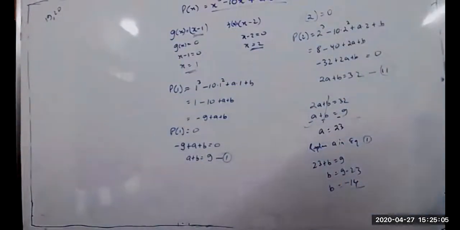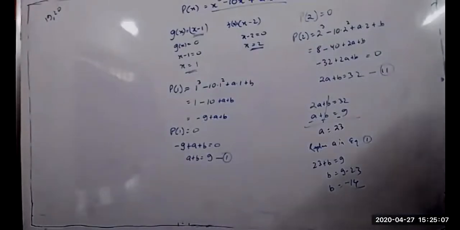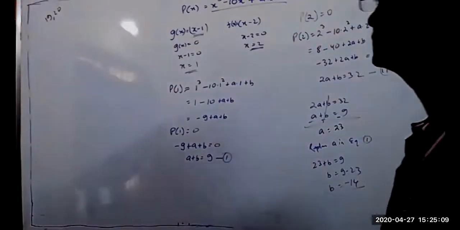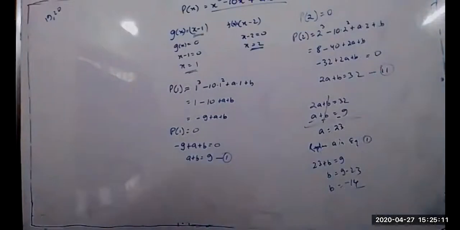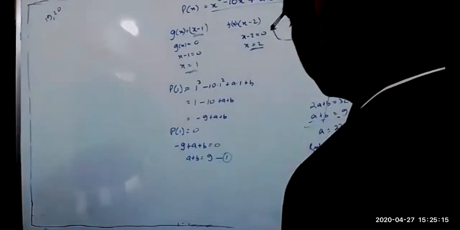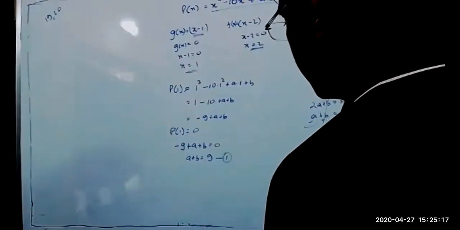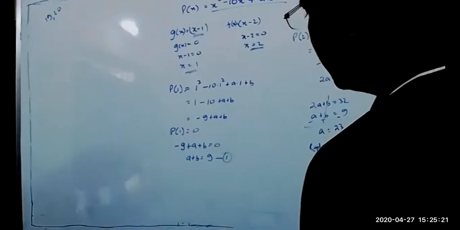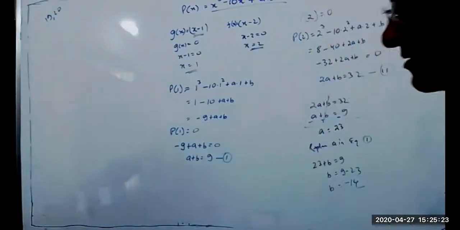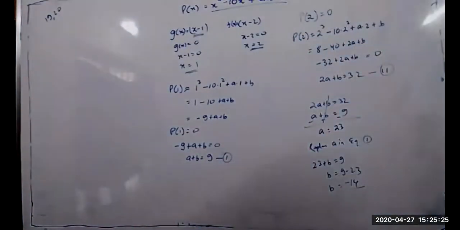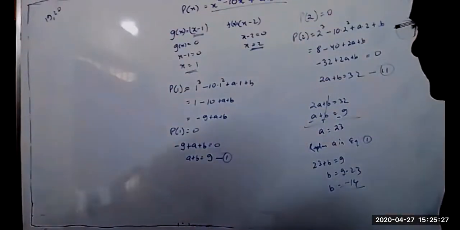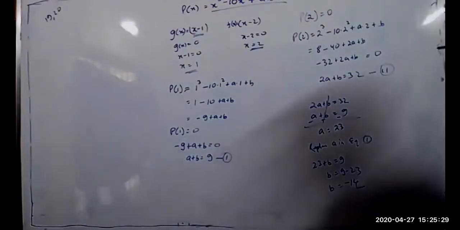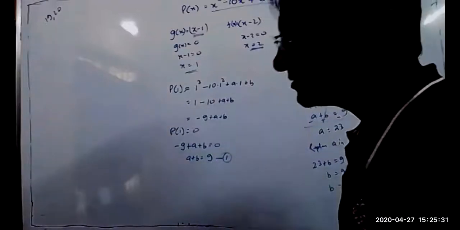Answer. I did it through a different method. In the first equation, a plus b minus 9 is 0, I took b equal to 9 minus a and replaced it here. Same thing. After this chapter, factorization, you will learn linear equations in two variables.